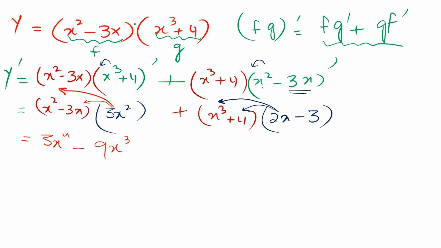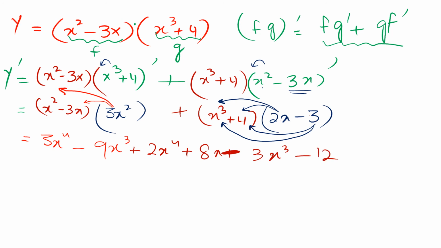So 2x times x cube, you will get 2x to the power 4. 2x times 4, you will get 8x. Now multiply this 3 with the x cube and this 3 with the 4. So negative 3 times x cube, you will get negative 3x cube. Then negative 3 times 4, you will get negative 12.